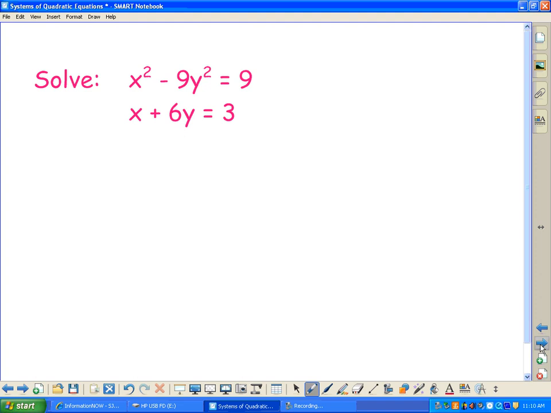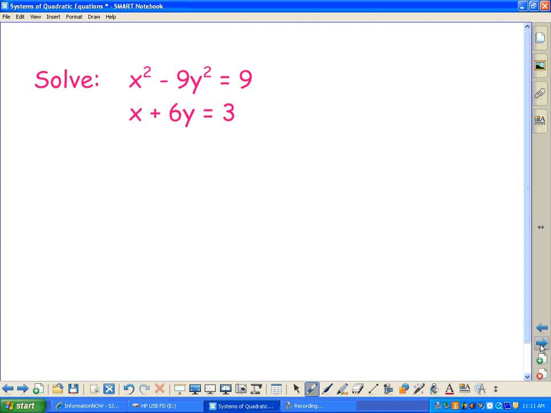No, why not? You could, but it's not going to help you, right? To do elimination, since the exponents on the variables aren't the same, elimination isn't going to work real well.